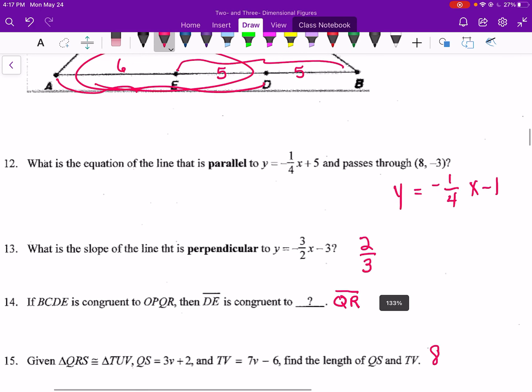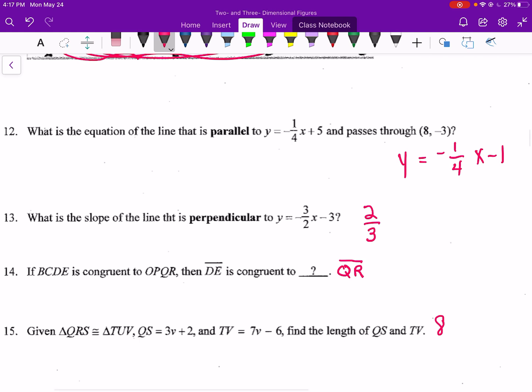Number 12, write an equation of a line parallel to the one given through the point. The old math teacher way says to use the slope-intercept form, so y minus the y coordinate is equal to the slope times x minus x coordinate. If we simplify the double negatives, you get y plus 3.